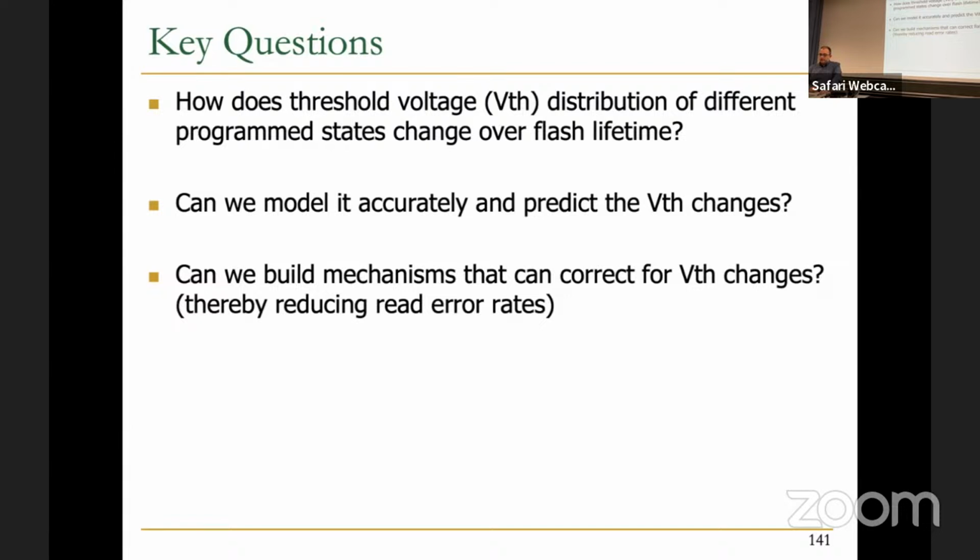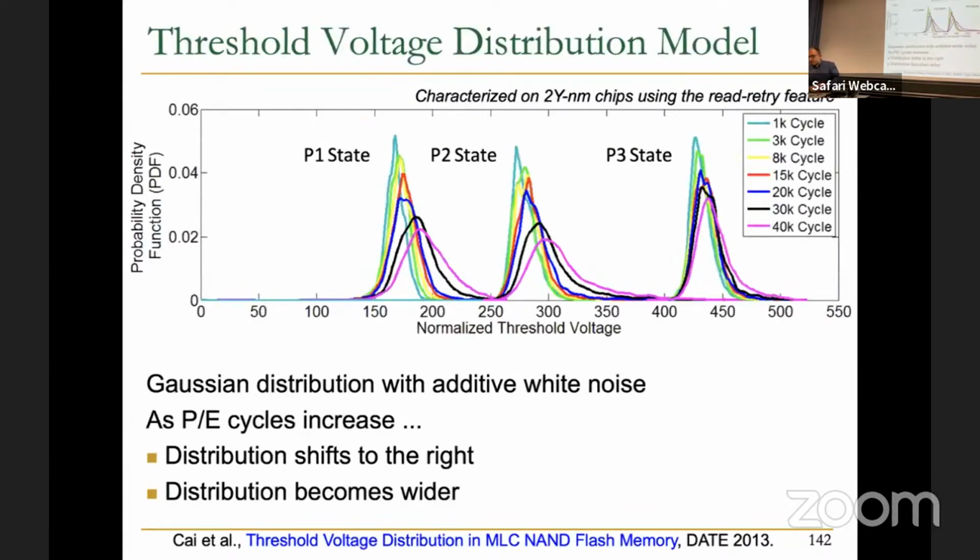That can provide better reliability and also better performance. Here are results from a real experiment, where you can see how the window is not only shifting to the left, it is also widening, after P/E cycles.